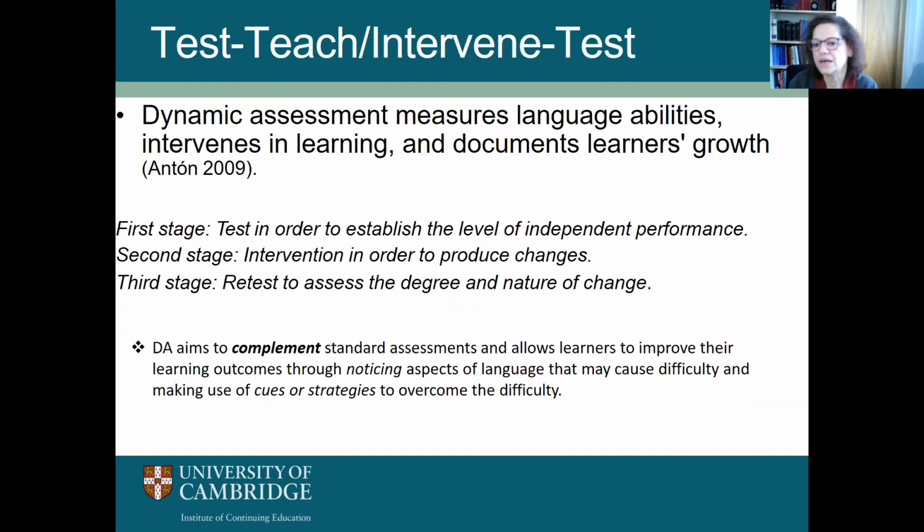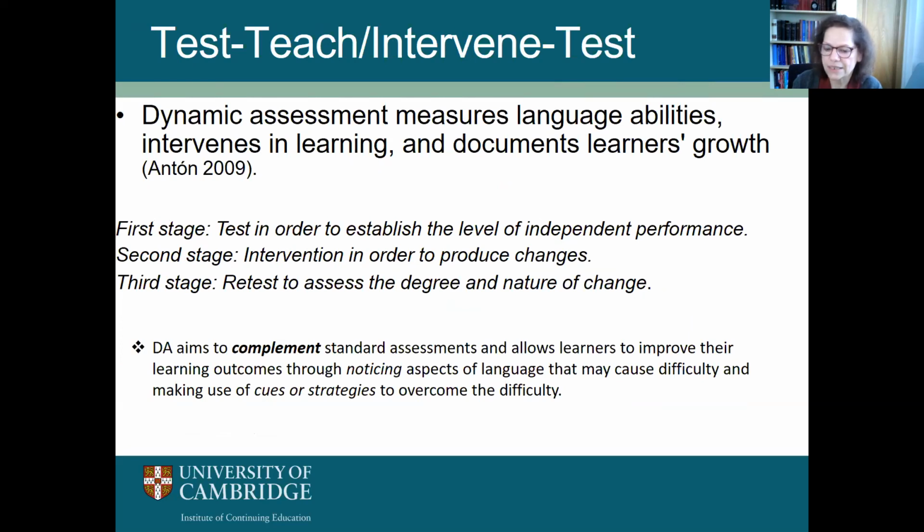So the method in dynamic assessment is a 3-step one: test, teach, test. That means that you have a first stage where you establish the level of independent performance of the learner. In the second stage, you intervene and you support the learner to learn things that they find difficult, and then you retest to assess the degree to which this intervention has helped.